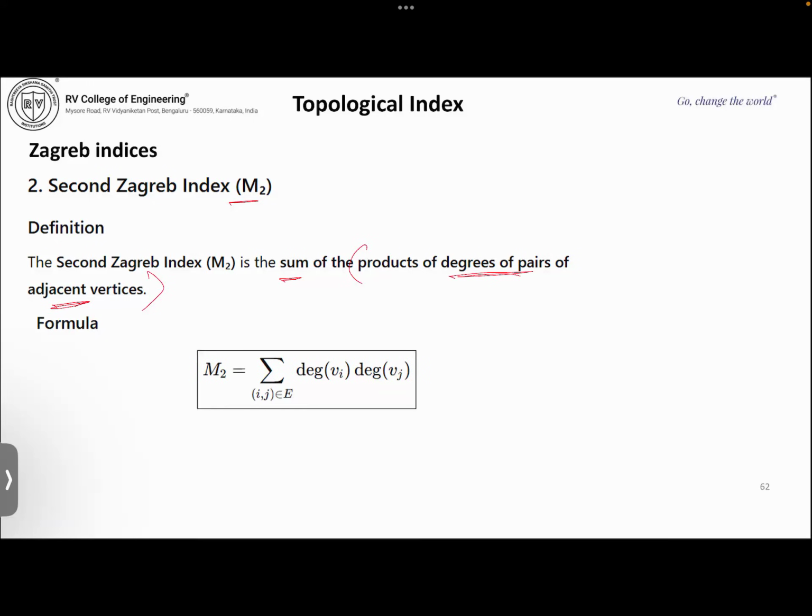You will get the Zagreb index M2. So M2 is the sum over i, j, the two adjacent vertices, of the degree of vertex i times the degree of its adjacent vertex j. You take the product of these two, and then add continuously for the next neighboring adjacent vertices.